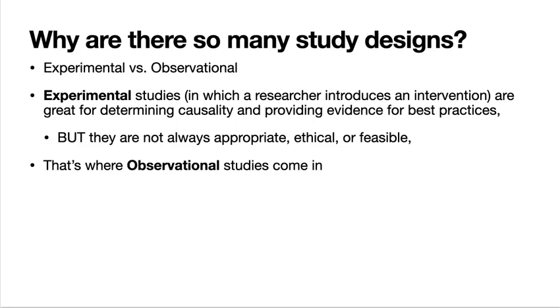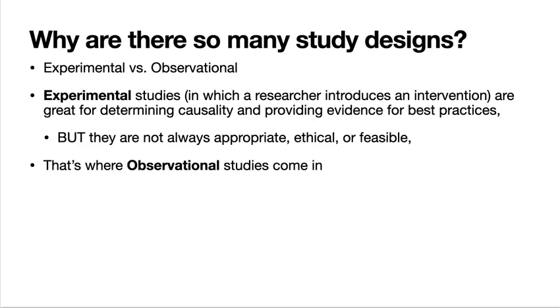So why are there so many study designs? Well, we've seen experimental studies, and we also have observational studies. So remember when we talked about experimental studies, we talked about, is it feasible and is it ethical? You have to think about these things because they're either doable or not doable, or they're either ethical or not ethical.